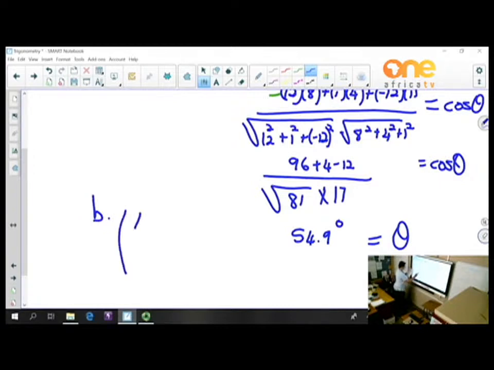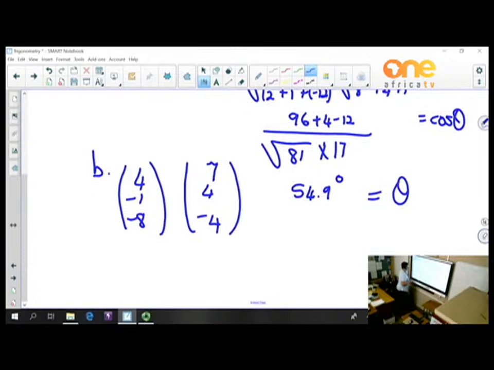This one says 4, negative 1, 8, negative 8, and the second column vector is 7, 4, negative 4. So the formula that we're going to use is A dot B is magnitude A, magnitude B, cosine theta.